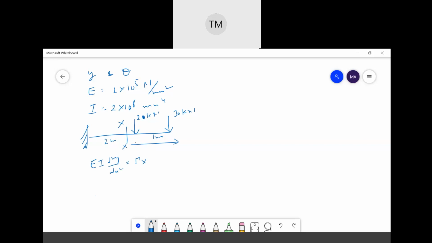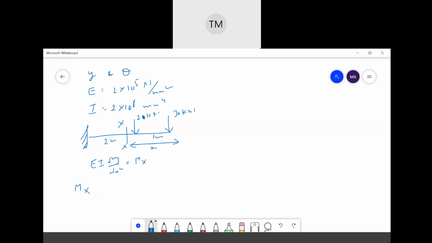Remember, for a cantilever beam, whenever you consider the section X, always consider it from the free end, after considering the loads. Here you have to calculate the moment about X, Mx.